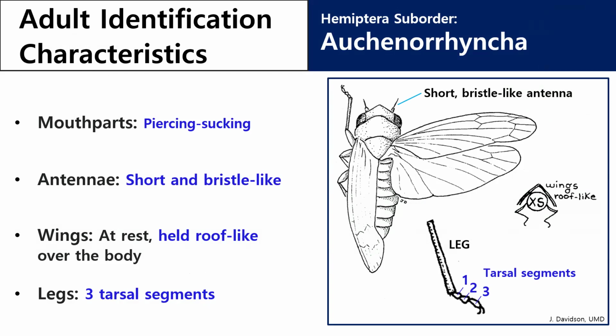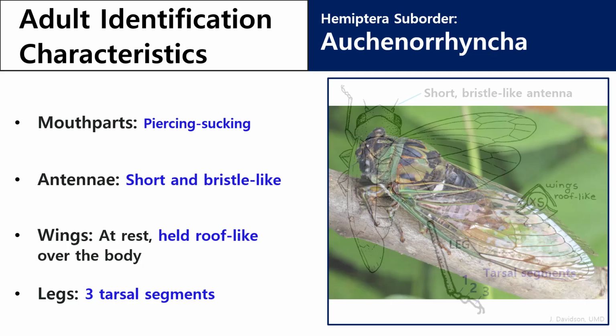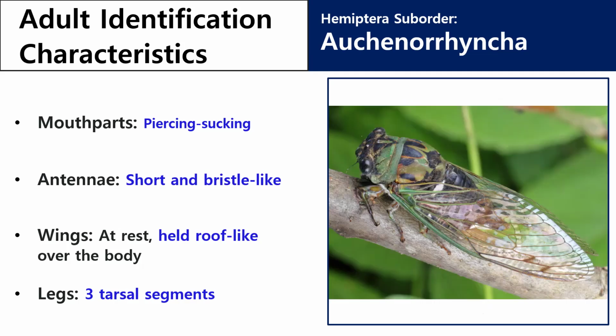We have magnification like a microscope, so just something to note. So we can see the diagram on our right where you can see the short bristle-like antenna, and then from this orientation, we can see the wings held roof-like at rest versus lying flat on the body like our heteropterans. So we can see this with our cicada, for instance, roof-like orientation at rest.